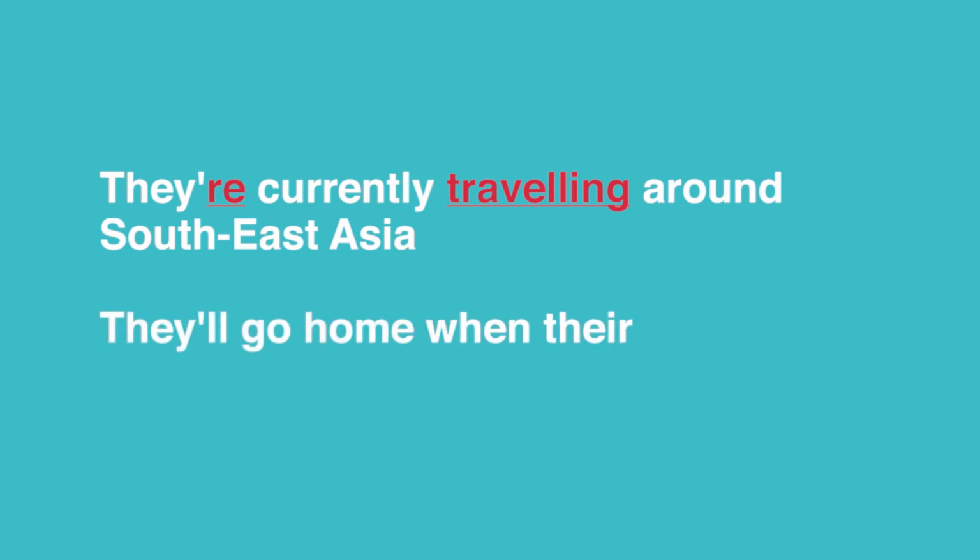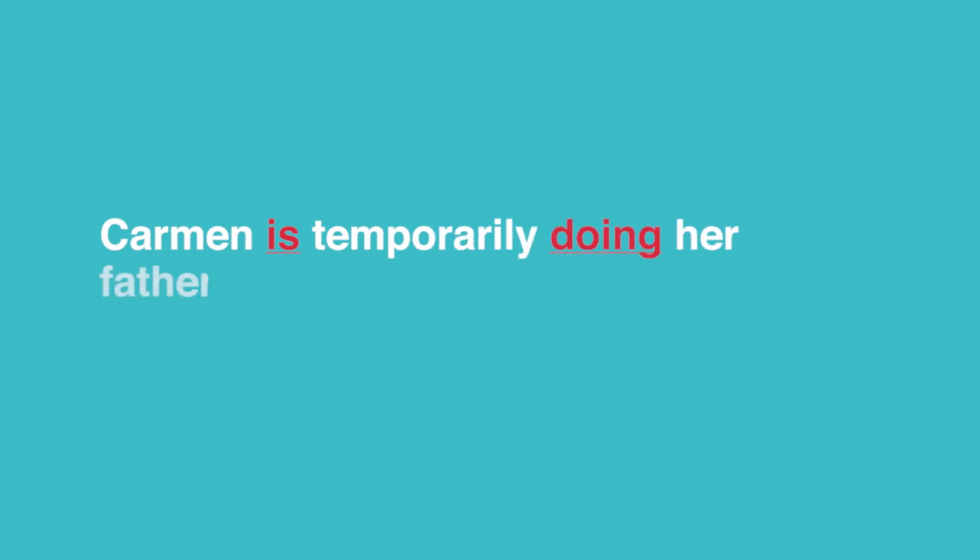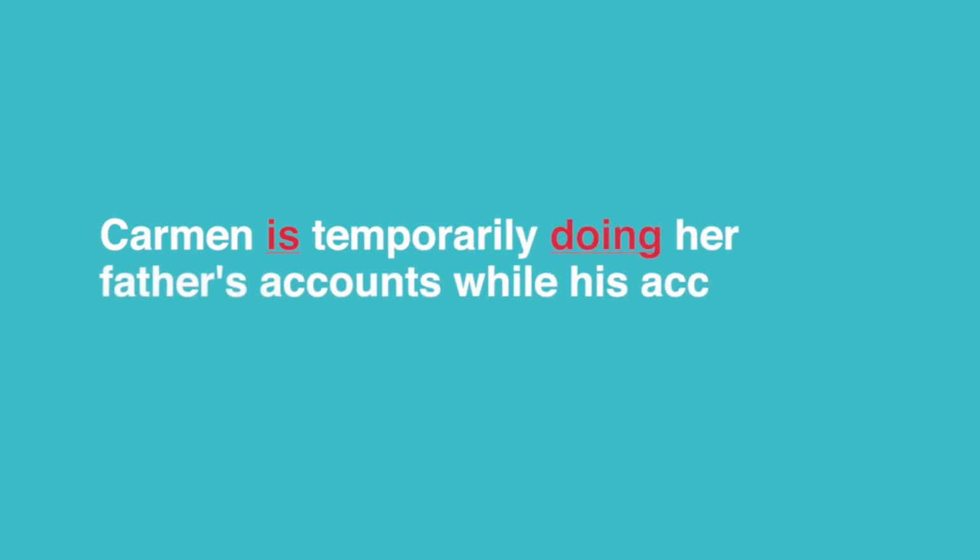When their money finishes, they will go home. One more example. Carmen is temporarily doing her father's accounts while his accountant is in hospital. This is another sentence where the present continuous is used for a period that is now and will continue for an uncertain period in the future.